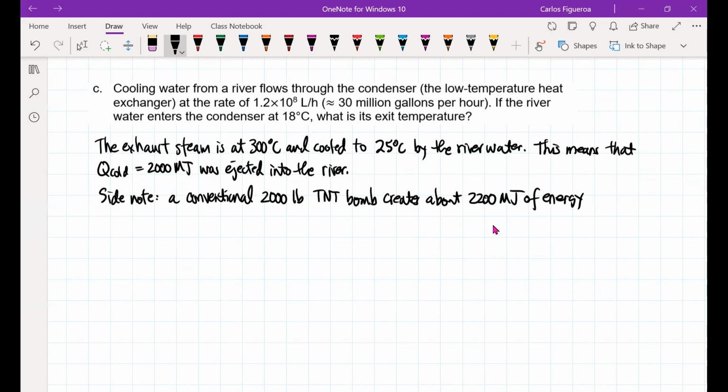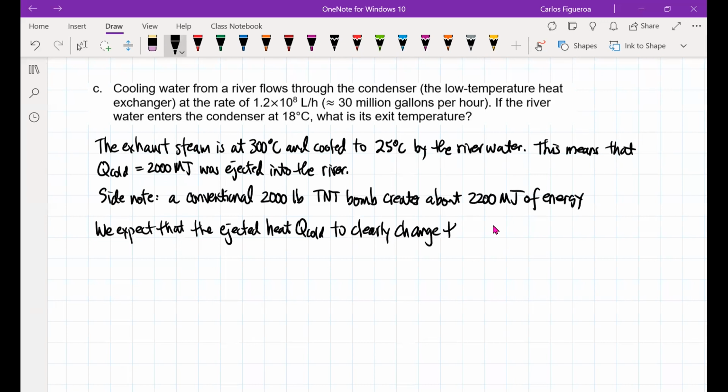So what we expect is that the ejected heat Q cold should clearly change the temperature of the water.